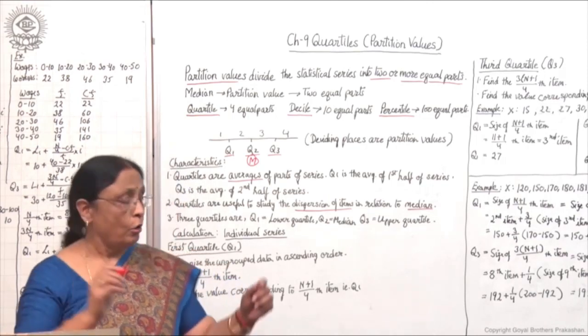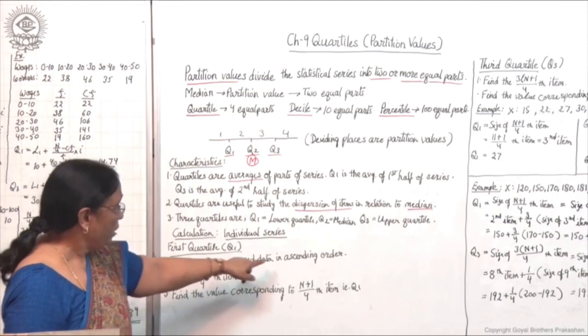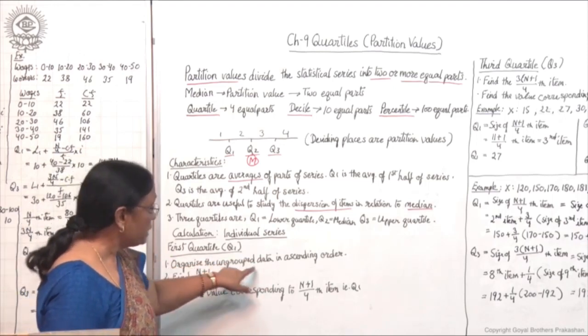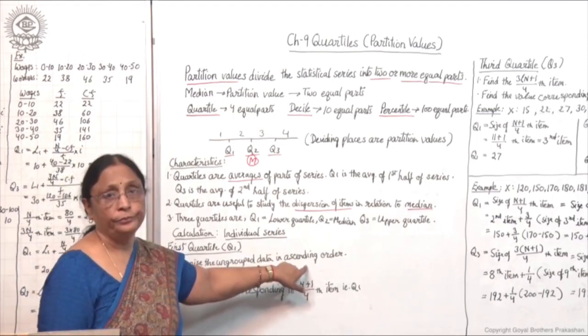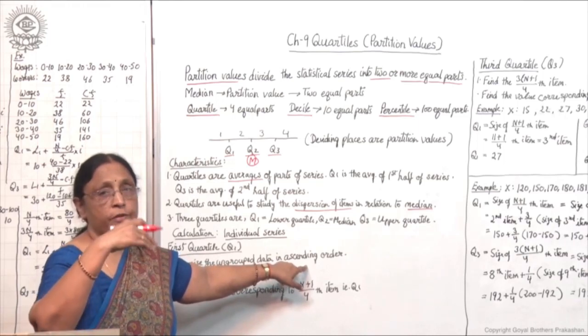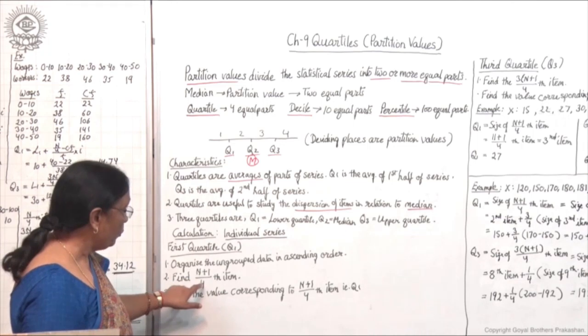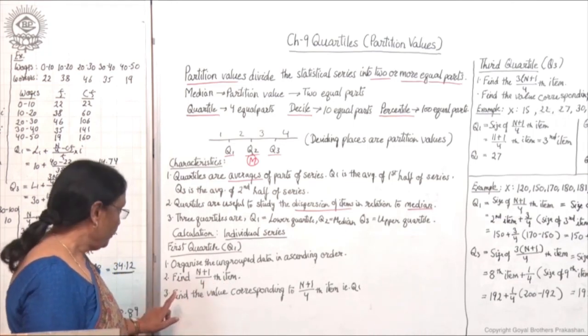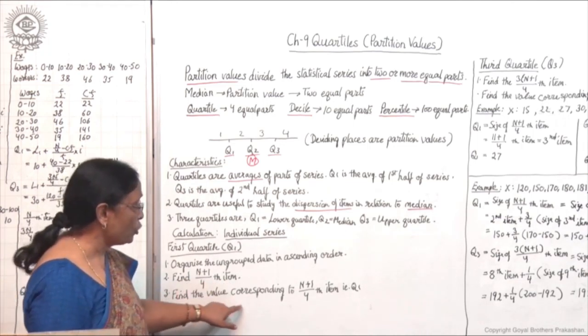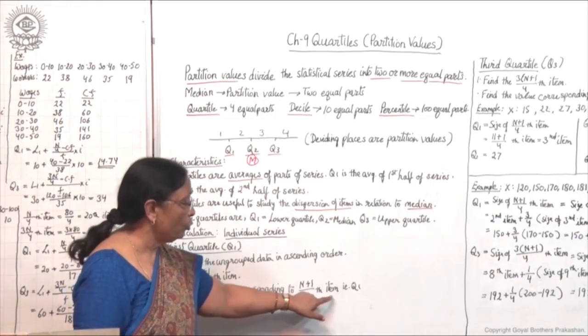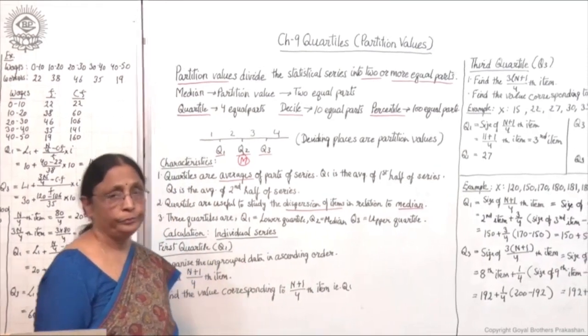So in the case of ungrouped data, first organize the data in ascending order. Ascending means rising order. Then find out (n+1)/4th item. Third step is to find the value corresponding to the (n+1)/4th item, that is Q1.